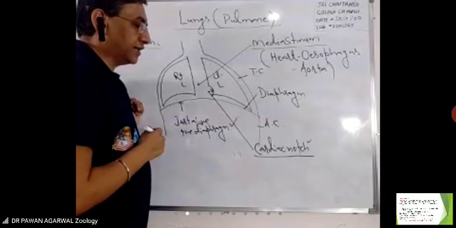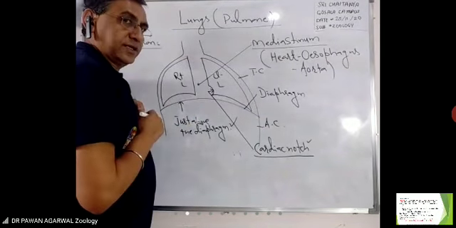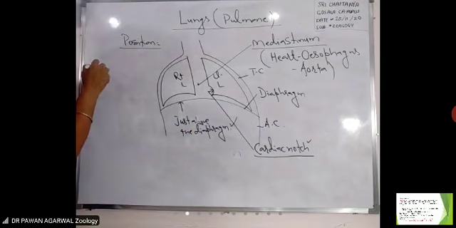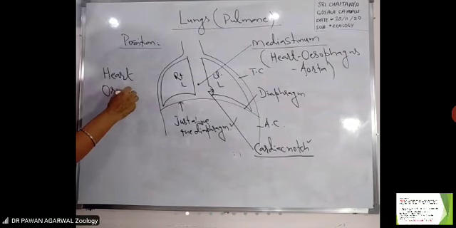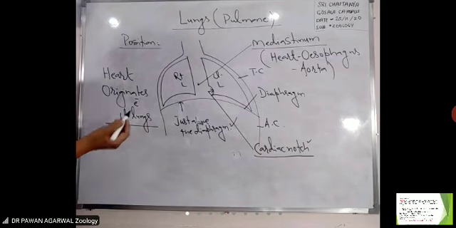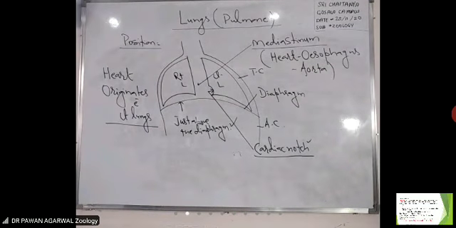And the cardiac notch indicates that the heart originates with the left lung. We can say vice versa: the left lung originates with the heart. Both are the same thing. So this is the one point that you have to remember.